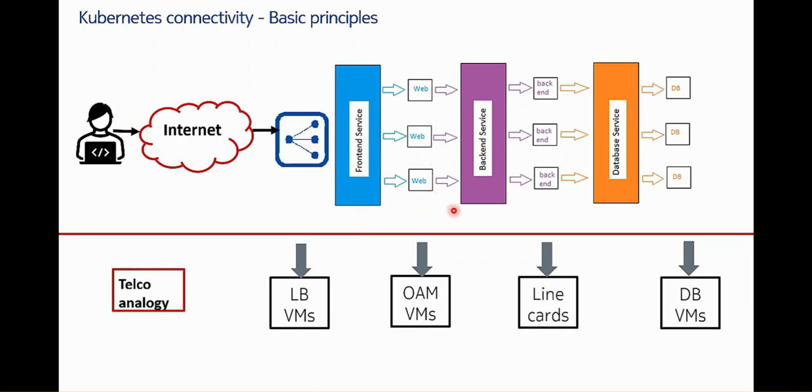Further, O&M wants to talk to line and line wants to talk to DB, so they have further services available. Right now these are connected via internal networks. Similarly, these pods and services will also be connected via internal networks, which we will see in detail when we study Kubernetes networking. So that's how you can compare the current VM-based architecture with Kubernetes.